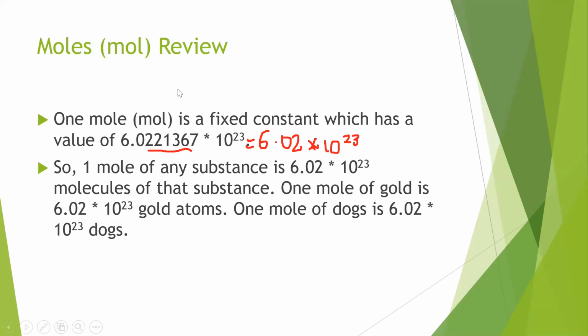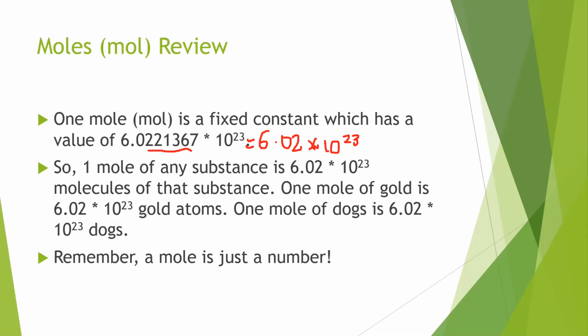So a mole can be anything, any molecule, atom, etc., ranging from gold to dogs. Remember, a mole is just a number, just like how a dozen eggs is 12 eggs and a dozen tires is 12 tires. A mole is similar, it's just a number. Clear.